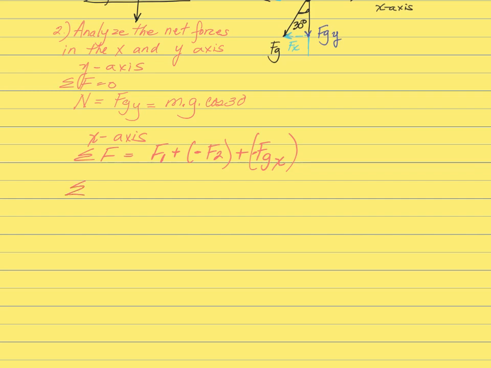If I want to find the sum of all the forces, if the force 1 minus F2 plus the component in the x-axis. This is a given. What happened with this one?